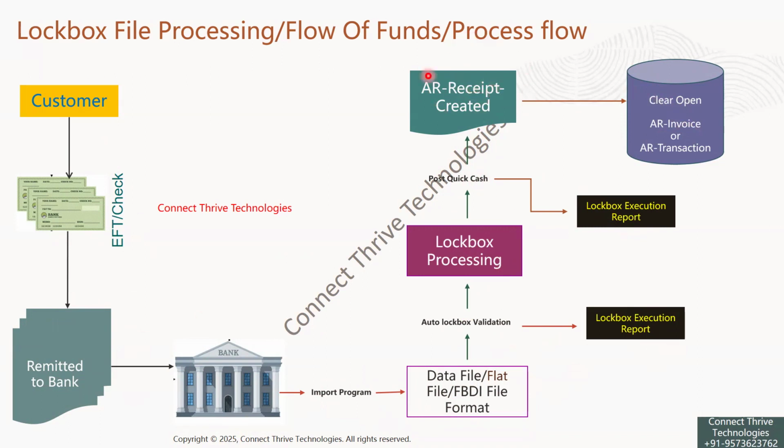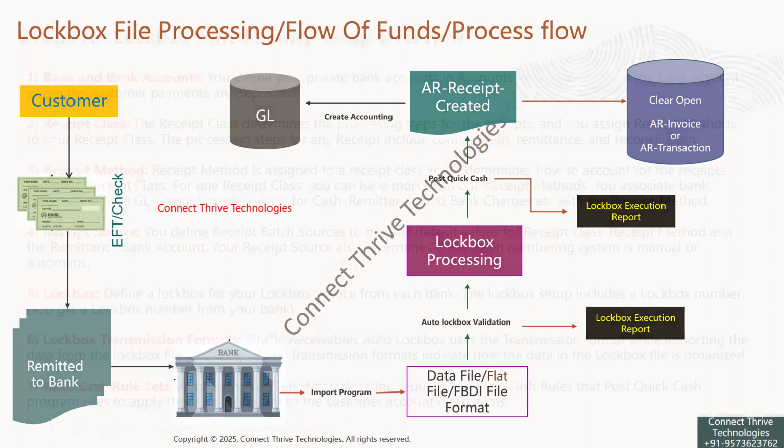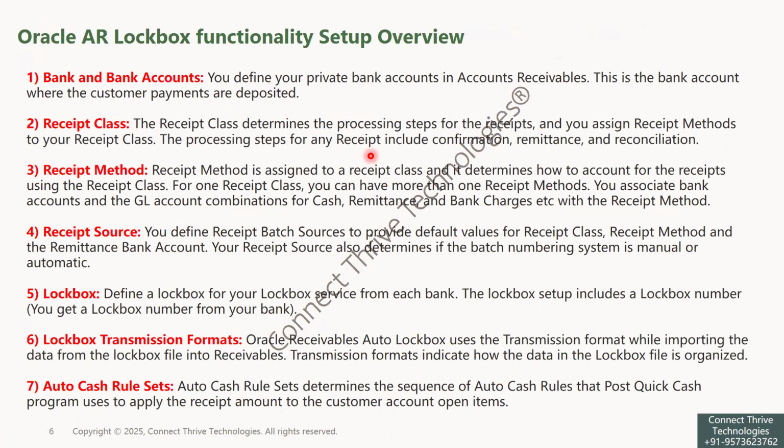The invoices related to the payment we received from the customer will be cleared automatically, and it will transfer the entries to GL once we run Create Accounting. So this is the whole process of how the funds are collected from the customer into the internal bank account, and how it is processed in our AR to create a receipts account.